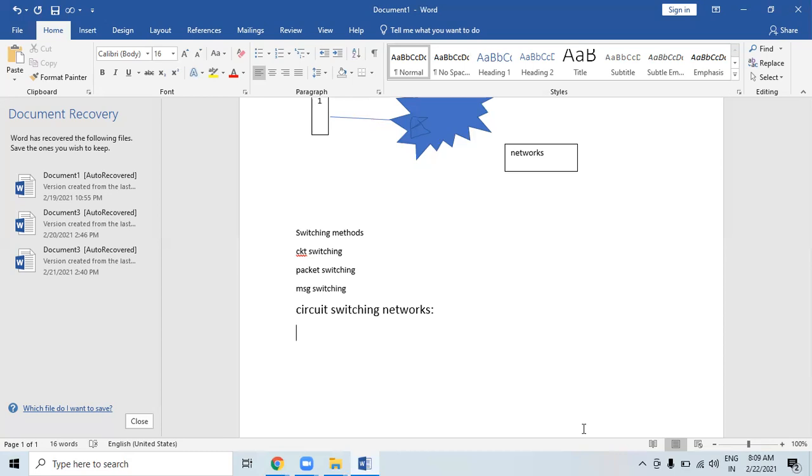Using circuit switching, a dedicated path is established between two stations for communication, providing two-way real-time transmission of voice signals across the network.